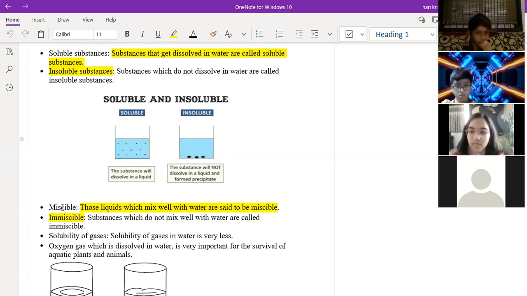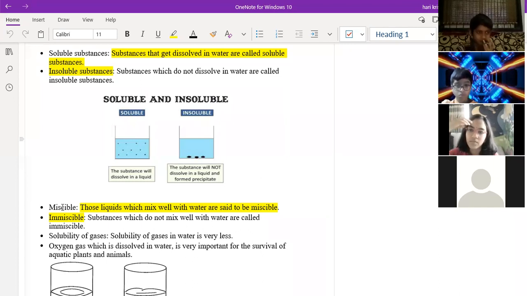Salt is a soluble substance, a powder. We want only two liquids. Lemon juice you can take. Lemon juice in water, both will mix thoroughly, right? Yes, sir. Okay, good. So miscible and immiscible liquids.